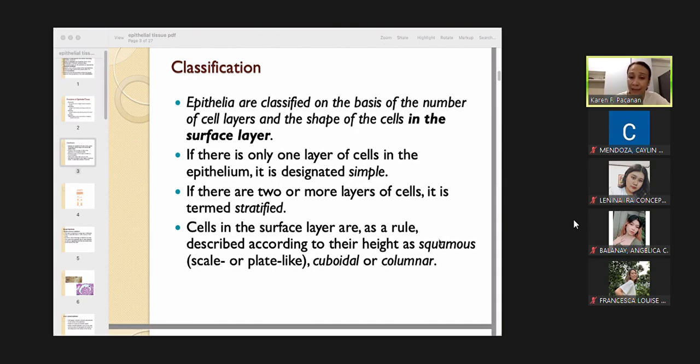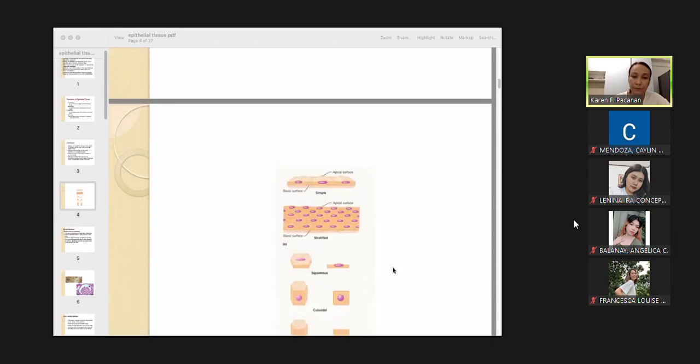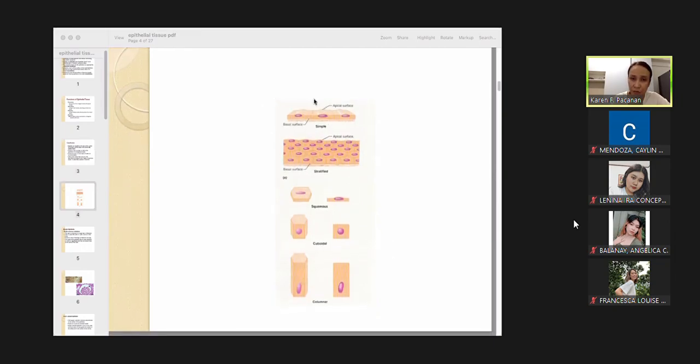If it is flattened, then we classify it as squamous, cube-shaped, cuboidal, and tall, narrow cells, which are the columnar cells. So these are now the pictures. First, under the number of cell layers, a simple, and below is the stratified. For the cell shapes, we have here the squamous, cuboidal, and columnar cells.